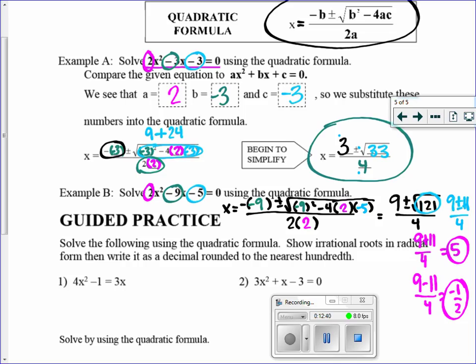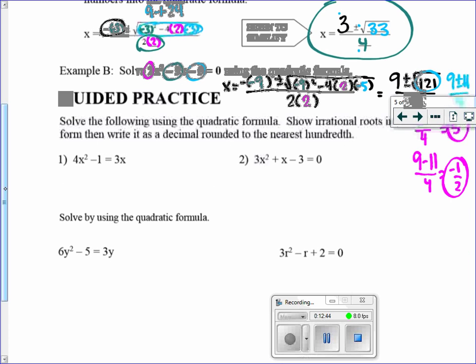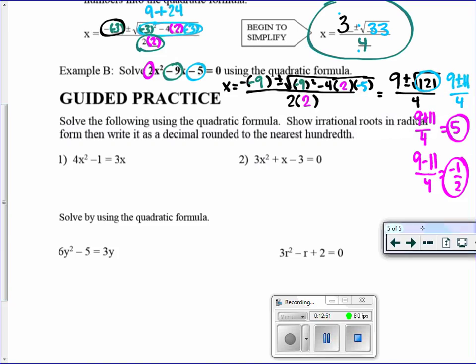Okay. We're going to go down to the guided practice, numbers 1 and 2. So with that quadratic formula, one side has to be 0. And we are not going to write it as decimal. We are going to write it in radical form. One side has to be 0, and then we can plug everything in. So on number 1, we need to move that x part over.